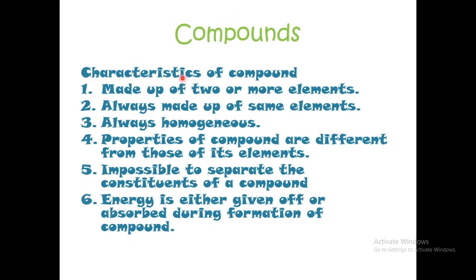Let's go through the characteristics of compounds. A compound is generally made up of two or more elements combined in a definite proportion. The compounds are always made up of the same elements, and they are always homogeneous. Their composition is uniform throughout.